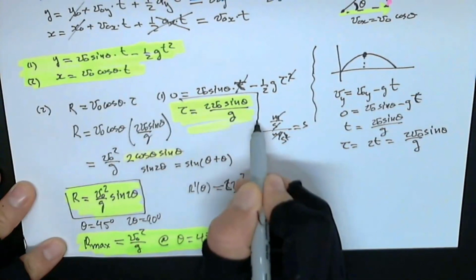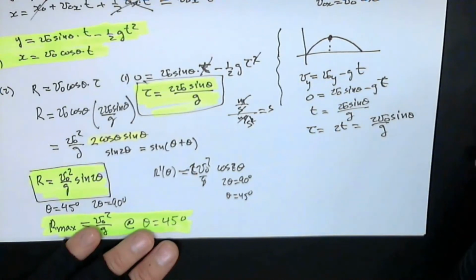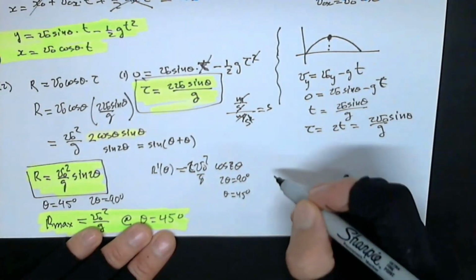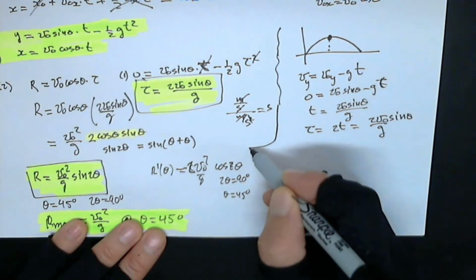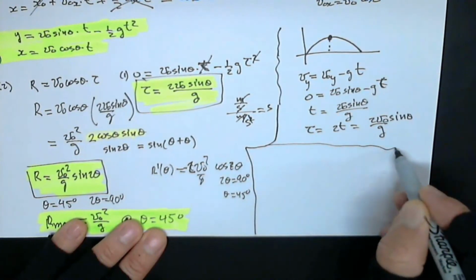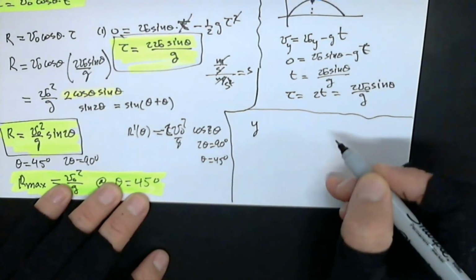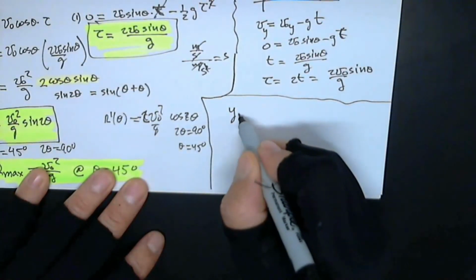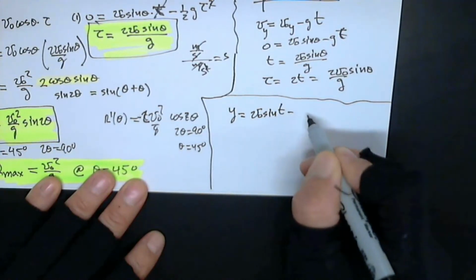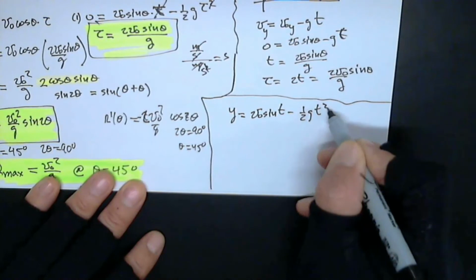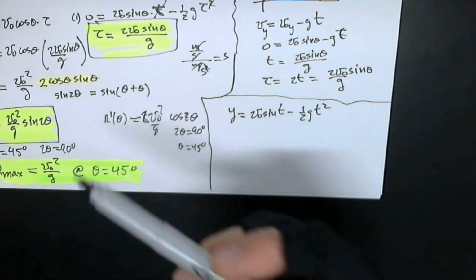We got this one. And now we are going to find the height. The height, we could just use the y equation. Let's separate this by topics. So you put the y equals v naught sine of theta t minus 1/2 g t squared. And you know this happens at half the time of flight.